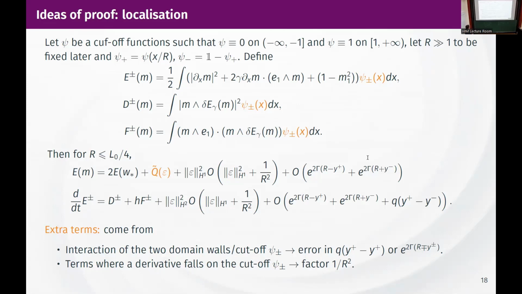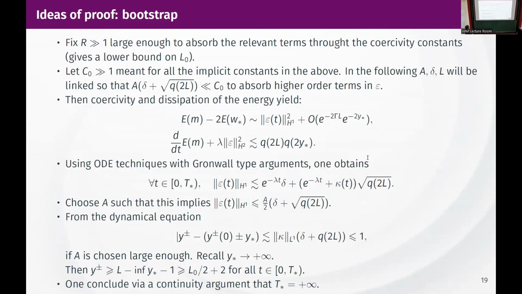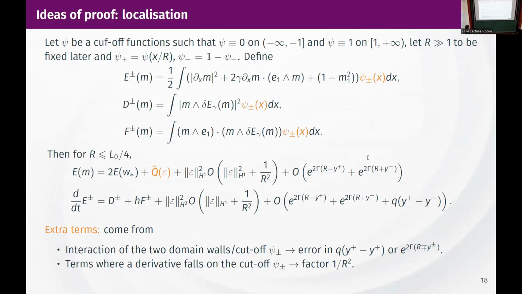So how do I complete the proof? The idea is to adapt the proof for one wall. First I choose R so large that I will have some coercivity, so it will be absorbed in the coercivity.